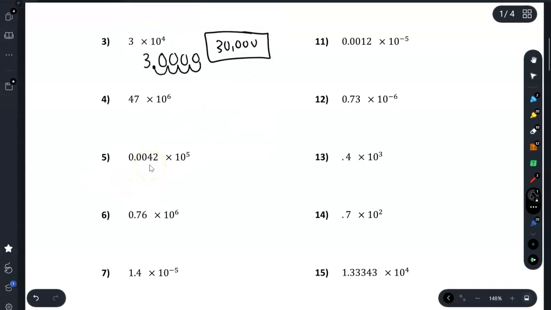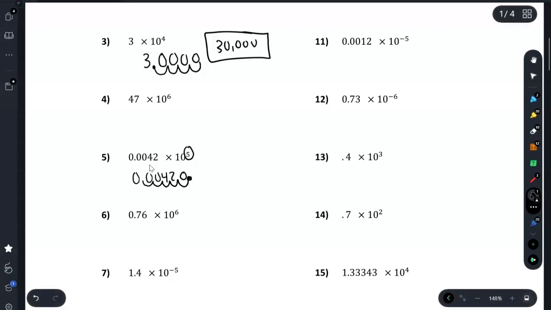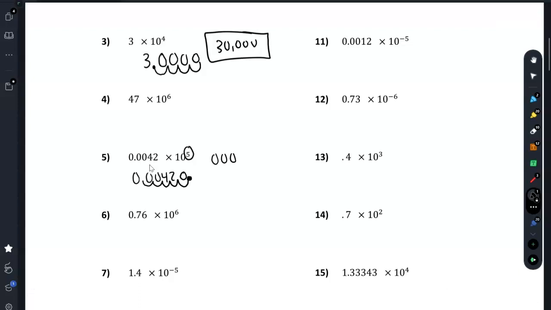Number 5, here I'm starting with the decimal 0.0042. I have 10 to the 5th, so that means I need to move it 5 times to the right. 1, 2, 3, 4, 5. My new decimal's here, and so what I'm left with is 00420 with a decimal.